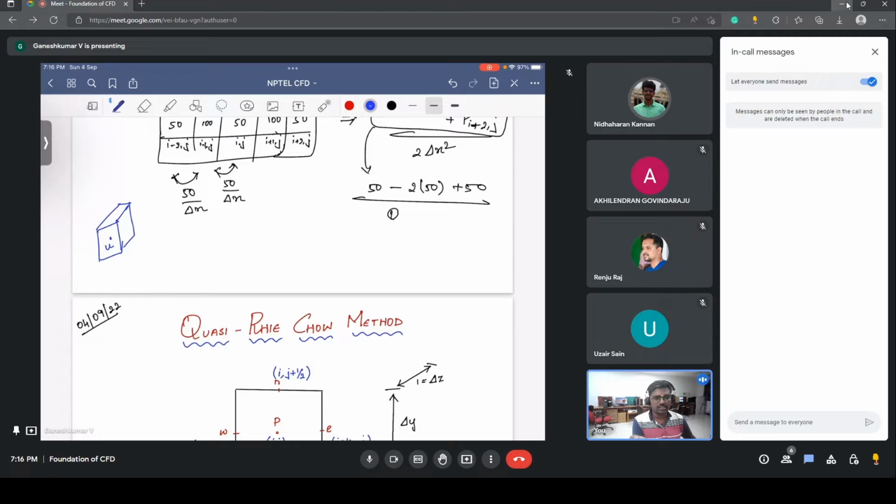In your problem you mentioned 50, 100, 50, 100, 150 like that. In that case there is a pressure gradient, but due to the formula you have written on the right side, the pressure gradient is supposed to be zero. That is nonsense happening, so that is a problem with collocated. That is why we move to a staggered grid.